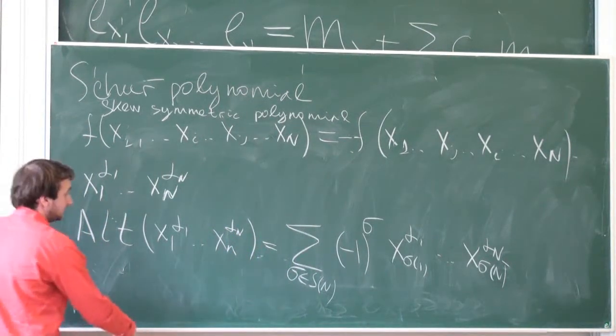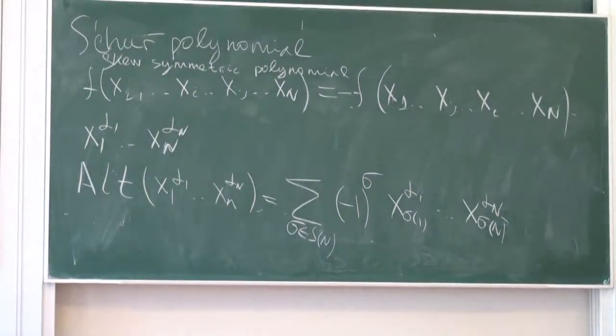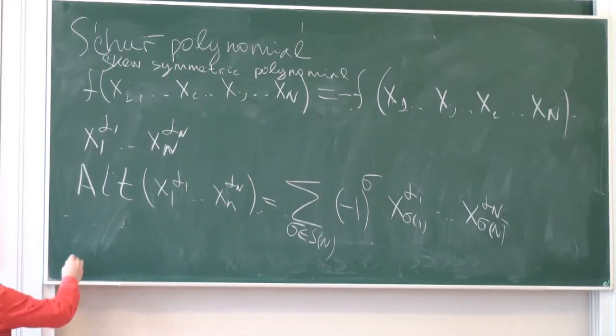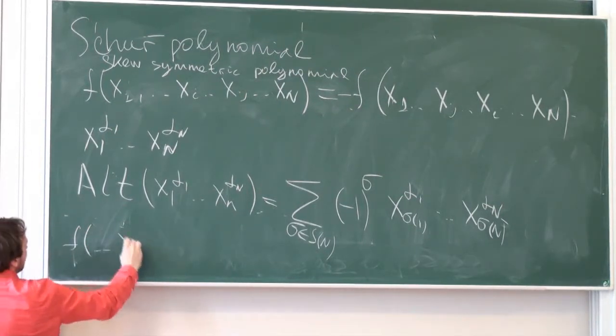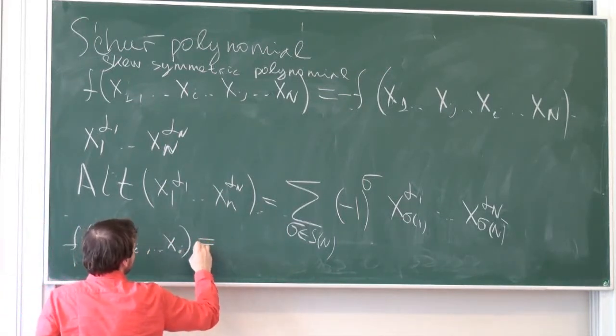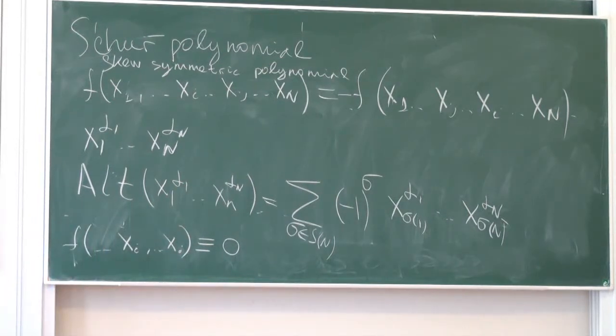Then the next observation is the following. A skew-symmetric polynomial, by definition, satisfies the following property: if two variables are equal, then this polynomial is 0, which means that f(..., xi, ..., xi, ...) is identically 0. What does it mean?